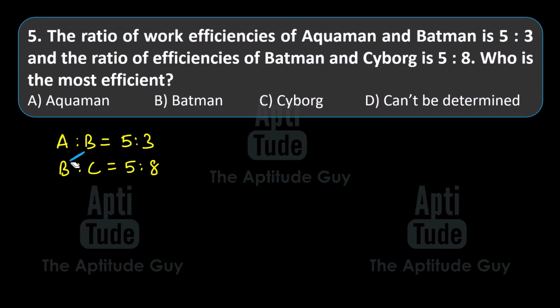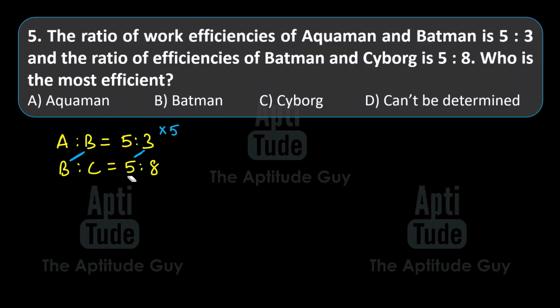B is common. Now if B is common and 5 and 3 are not equal, we have to make them equal somehow. Now what is the best way to make them equal? Simply find their best friend, which is their LCM. LCM of 5 and 3 is 15. Now how to convert 3 to 15? We multiply by 5.